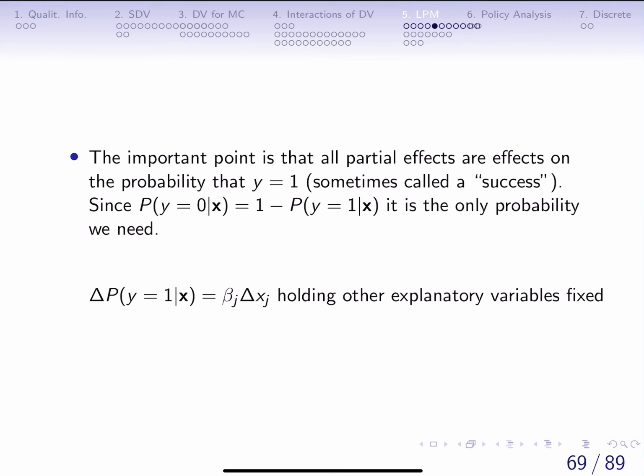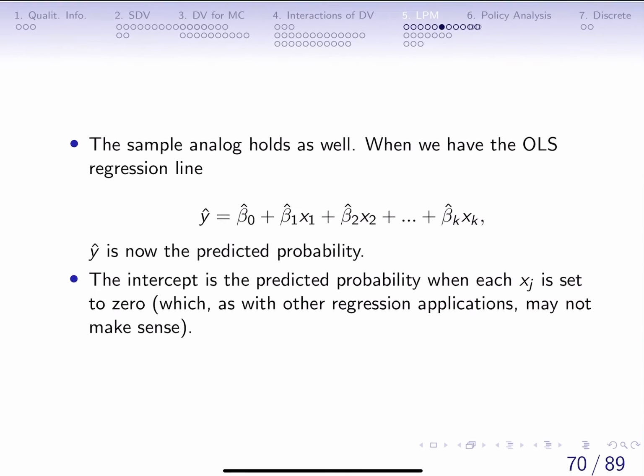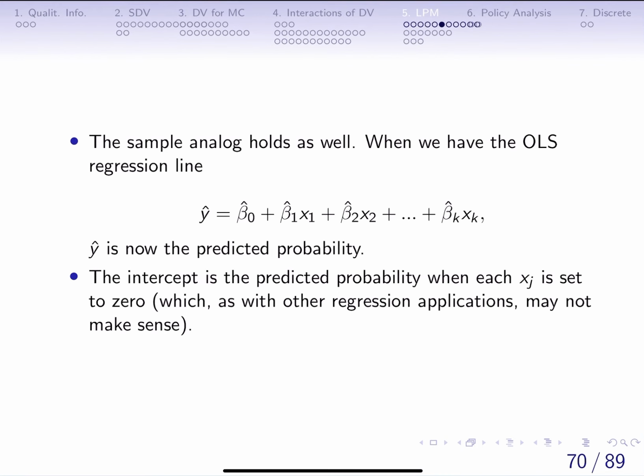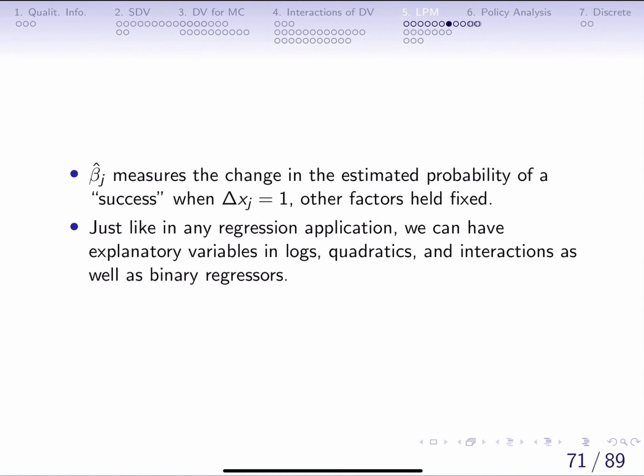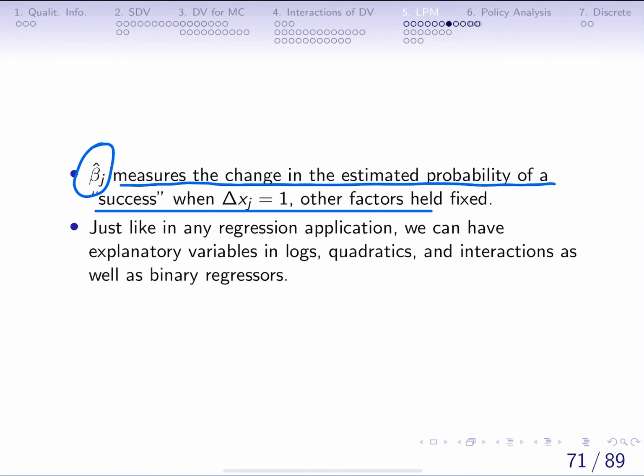The other thing to remember is that all partial effects are effects on the probability that y is equal to 1. So sometimes we are interested in the probability of success of something, right? And that's what we're pretty much estimating. Okay, so beta hat j is basically measuring the change in the estimated probability of success when x changes by 1 unit, all other factors remaining fixed.